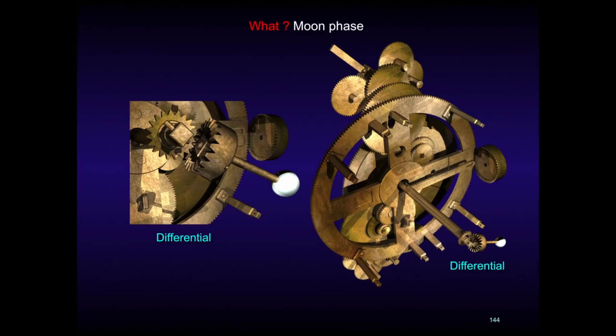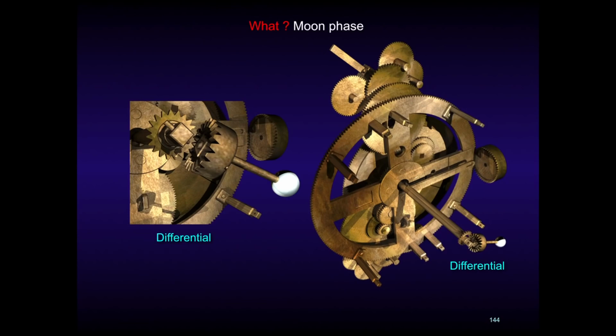It calculates the difference between the sidereal rotation of the moon round the Earth and the annual rotation of the sun round the Earth, to produce the phase cycle of the moon. Now, where have you heard that before? That was what Price's brilliant differential did, but he got it in completely the wrong place with this cumbersome system. The genius who devised this device, just 2 little gears, did exactly what Price's differential did.